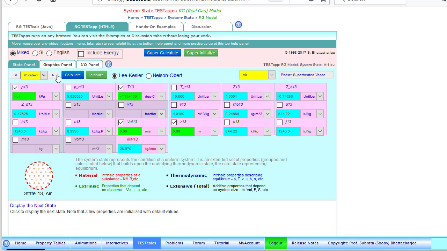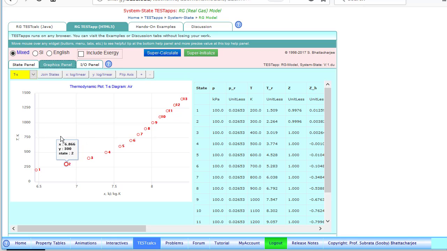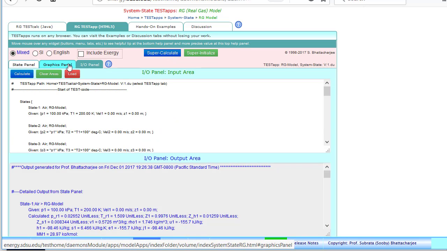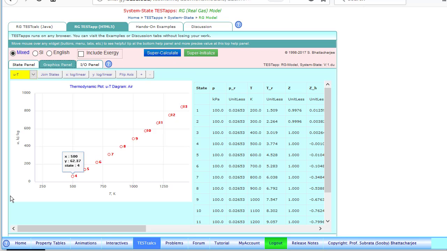So now we can go to the graphics panel, and it automatically puts it as a TS diagram, but we're looking for the UT diagram. So we'll switch that to UT in the upper left corner, and it doesn't always go right away, so you'll probably have to hit super calculate, which will bring you back to the IO panel, and then you just go back to the graphics panel, and there it is.